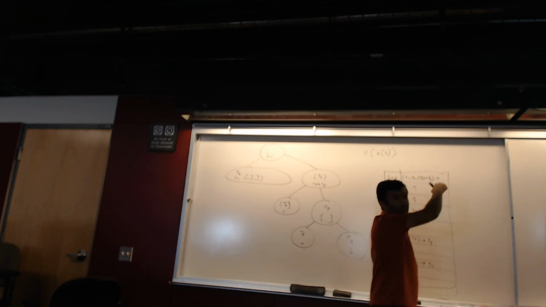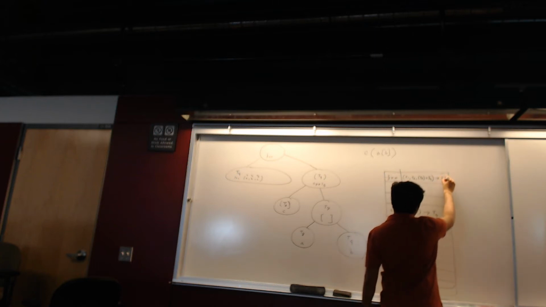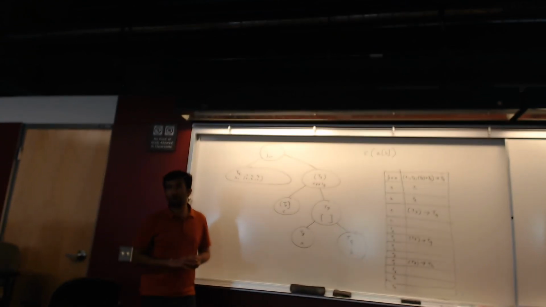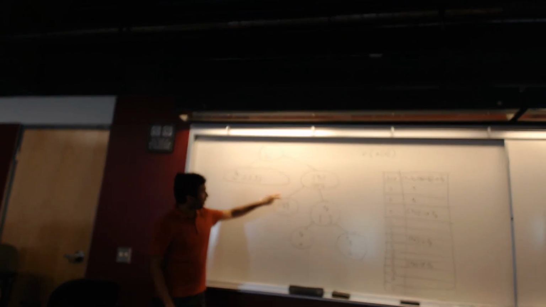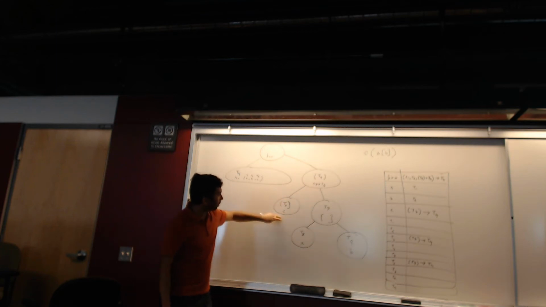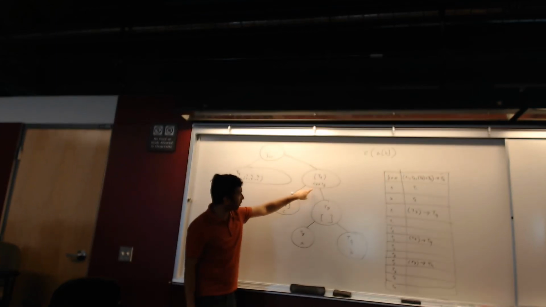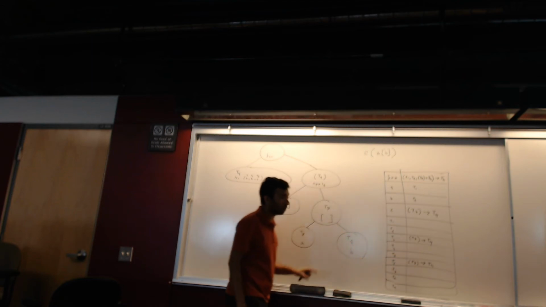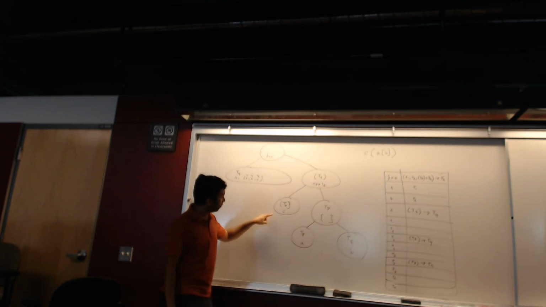What was this? T4. It was T4. Right. So after evaluating this node, we found out that T6 was T7 goes to T4. Then we came to this.